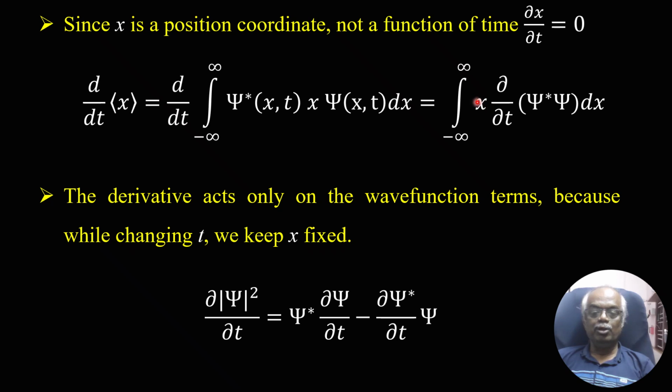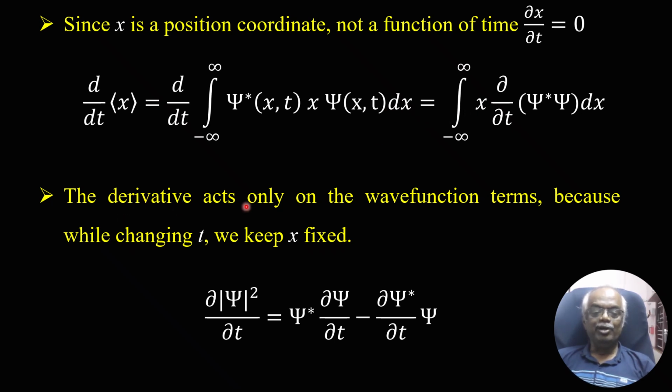So you have to pull the x out of the differential operator. So you make a partial differential operator on psi star psi dx. We have removed x out of this. This is the fundamental question of this problem.